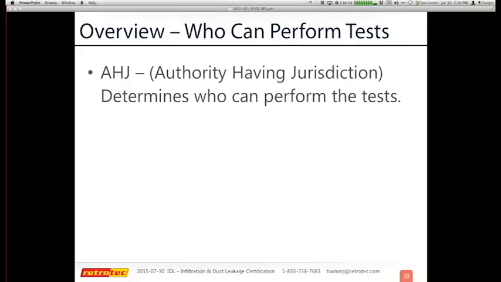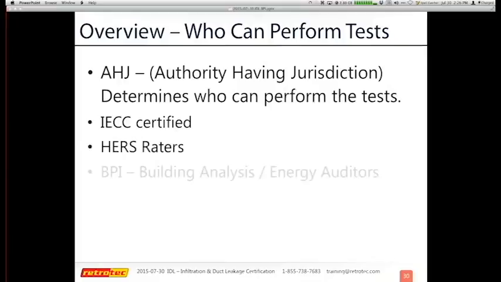So the reason that the IDL came around is because in the actual governing body of the IECC, who can perform this test was wide open. And the AHJ is something you would see regularly if you dig into the code, and that's the authority having jurisdiction. They can decide whatever they want, and they determine who can perform the tests.